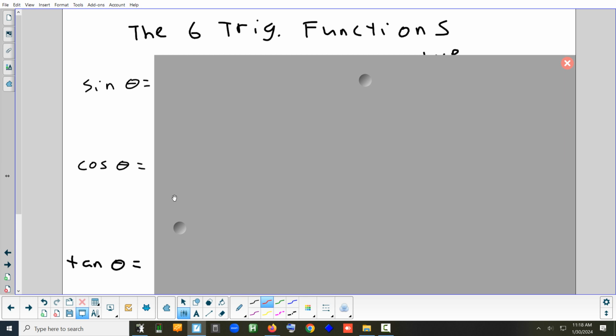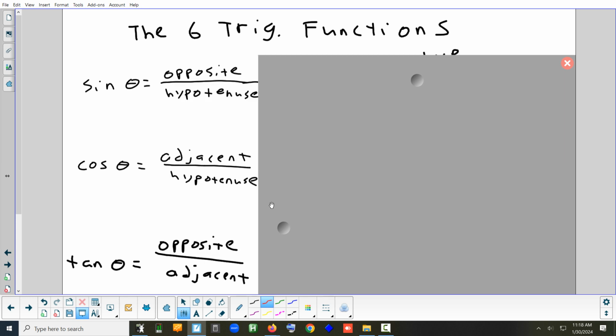When we did them in section, I think it was 6.2, we did them on a unit circle. So we had a coordinate. Sine was y, cosine was x, tangent was y over x. We're going to look at the same trig functions again, but we're not going to do it on a circle. We're going to do it on a triangle now. It's the same thing, just a different way of looking at it.